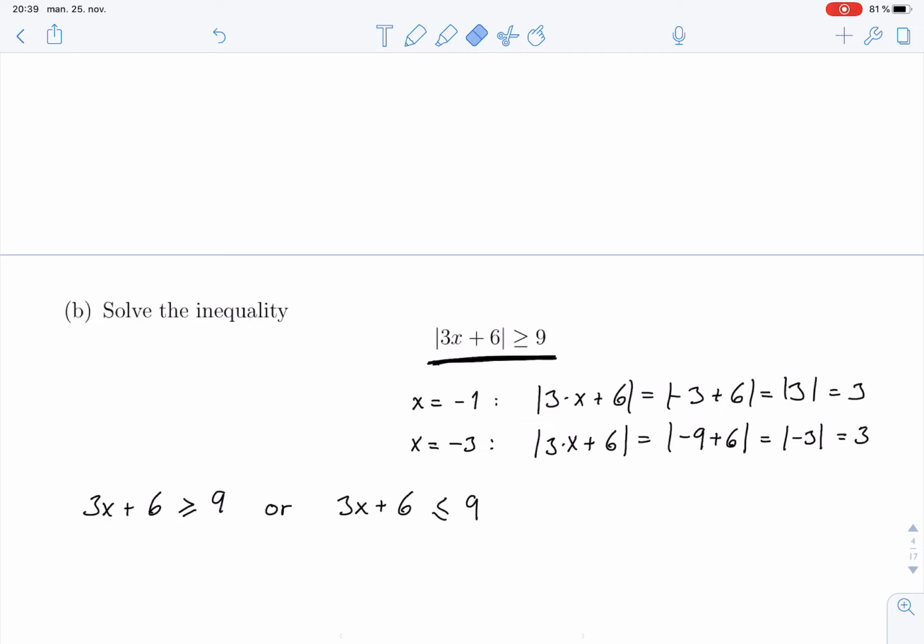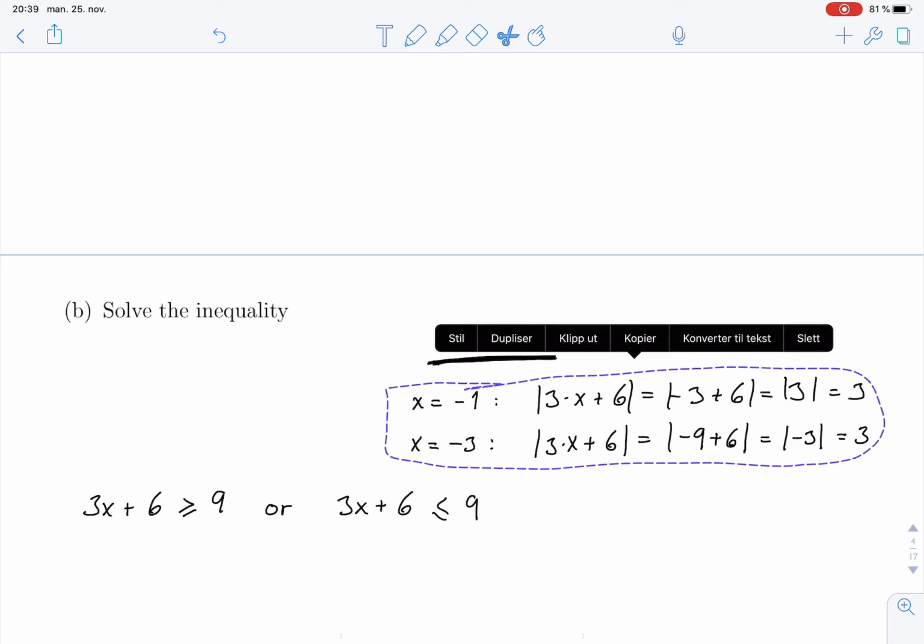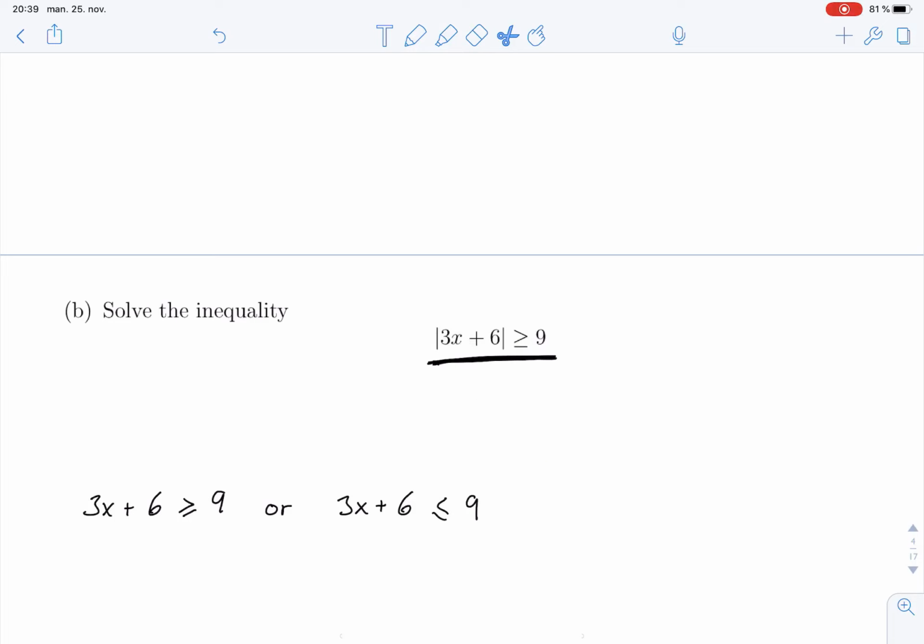Because if we get -12 out of it, we will remove the absolute sign, and then we also need to remove the minus, which makes it greater than 9. So if this thing here becomes -12, we get 12, which is larger or equal to 9.